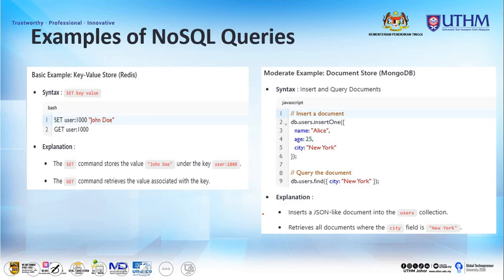These are two different example platforms, one is MongoDB and the other one is Redis. When it comes to inserting and querying documents, you can see here for users, insert Alice, age, city. The query just finds city New York, so it returns all the output that comes from the city New York.